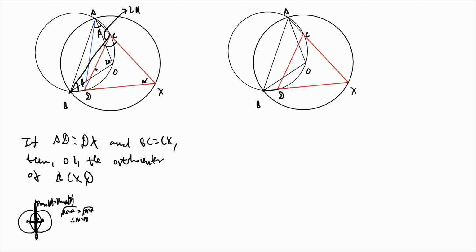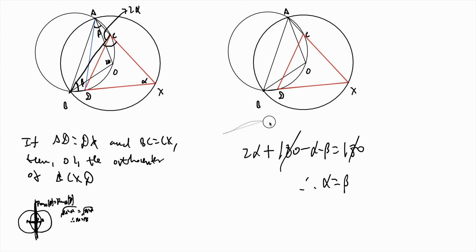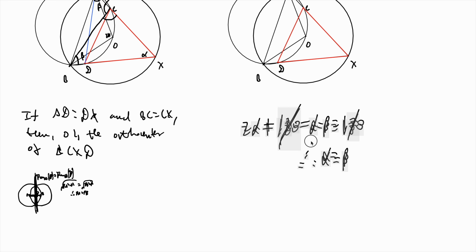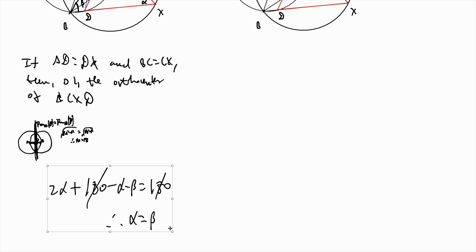Because look at the chord CD. It is equal to beta. In other words, yes, I remember, 2 alpha plus 180 minus alpha minus beta equals 180. Therefore, alpha equals beta. And that completed the proof. So we are done.